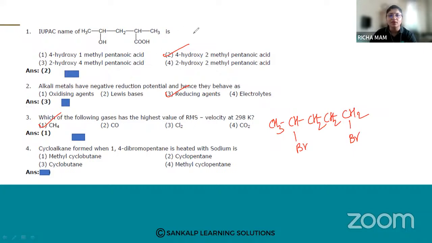Okay, Srishti has answered it as 3. Madan, Ranjita, Vidya have answered it as 3. So cycloalkane formed when 1,4-dibromopentane is heated with sodium.